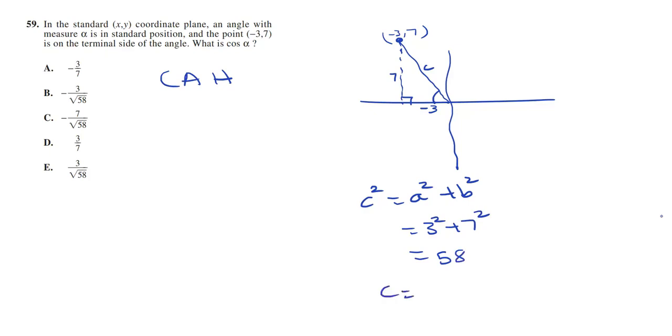So C is the square root of 58. Now, what do we need to do? We need to figure out which of these is the best. I can already see that my cosine is going to be -3 over C, -3 over square root of 58. That is B.